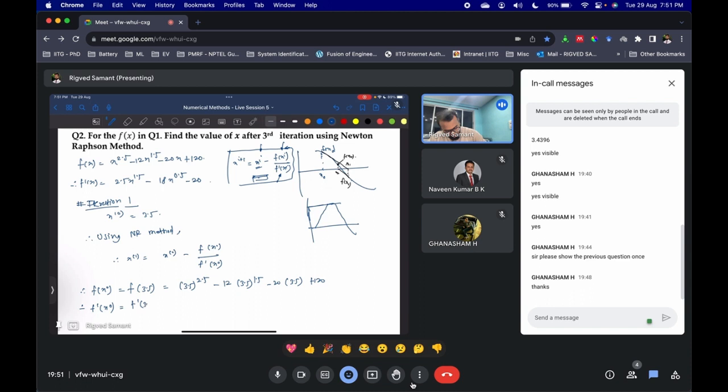F dash of 3.5. Sorry, my bad. I considered 0 at first. It is not starting at 0, right? Our initial guess is 3.5. So you have to put those values and get an answer.